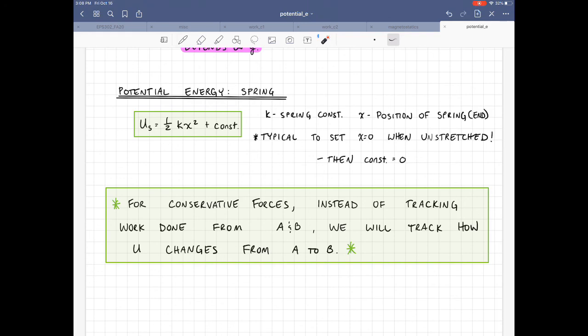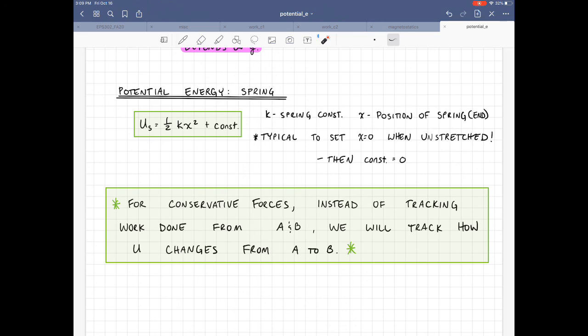So the big thing here is that we introduced work in the previous chapter. If you've got a force being applied to an object, that object undergoes some displacement, and the force and the displacement are in the same direction, you're going to get work.